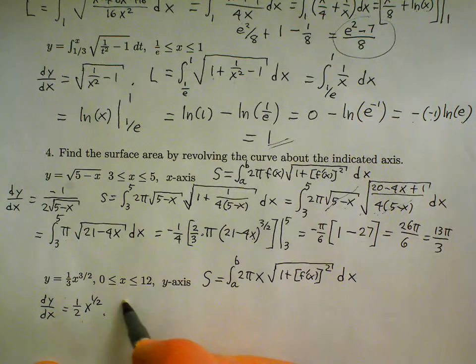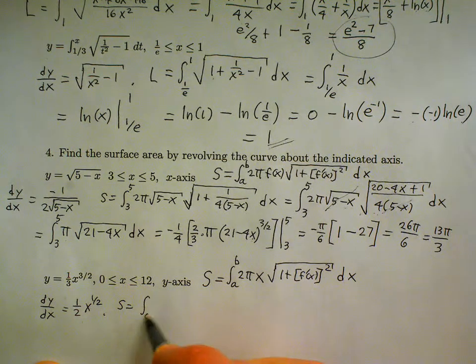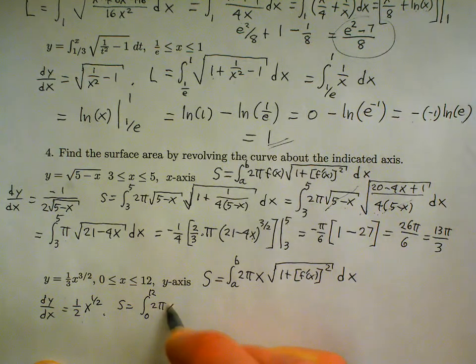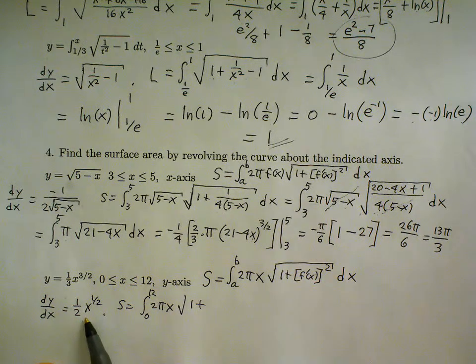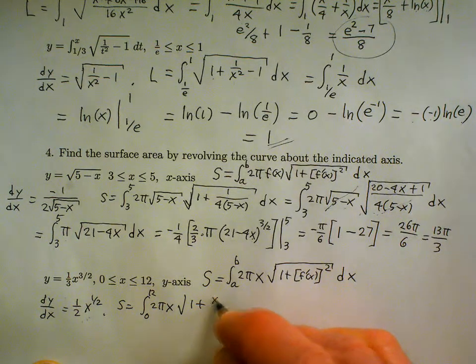So the surface area is the integral from 0 to 12 of 2 pi x times the square root of 1 plus the square of the derivative. When we square the derivative, we get 1/4 times x, or x over 4.